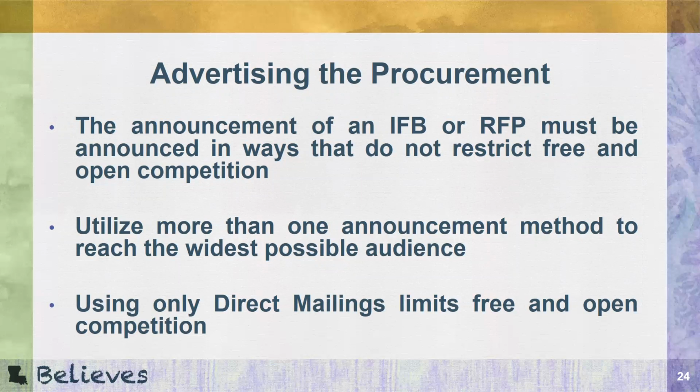Of course, you have to advertise the procurement, and it has to be announced in ways that do not restrict free and open competition. Try to use more than one announcement method to reach the widest possible audience, and use direct mailings to vendors to hopefully ensure that you get some response.